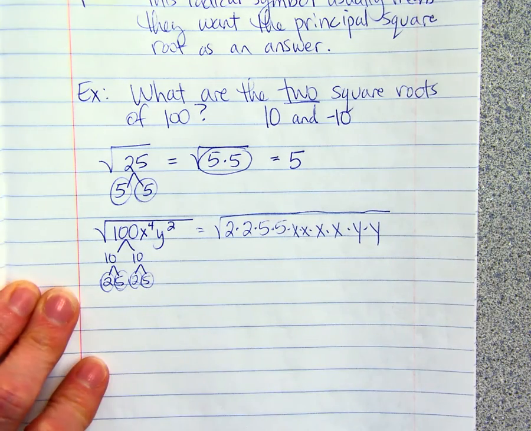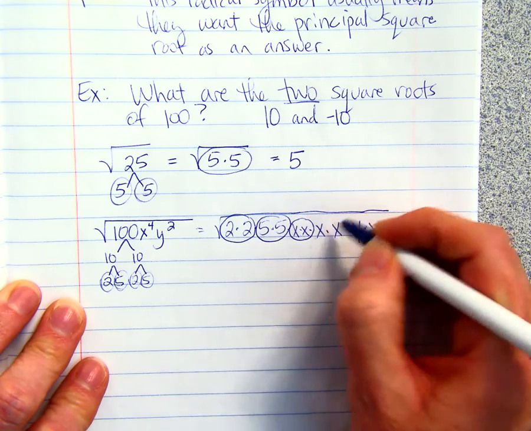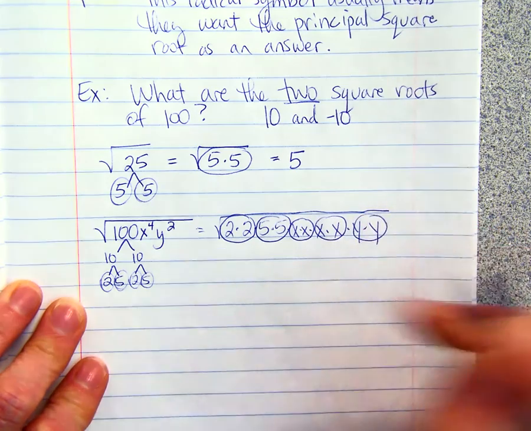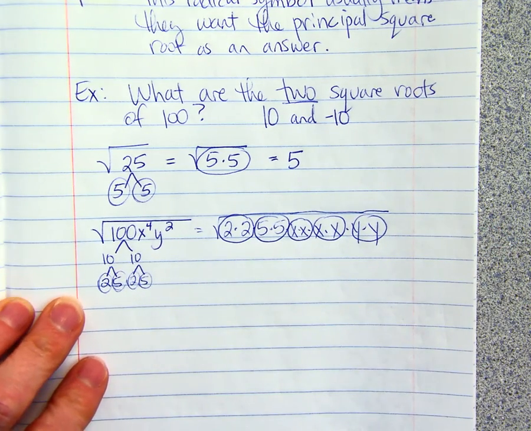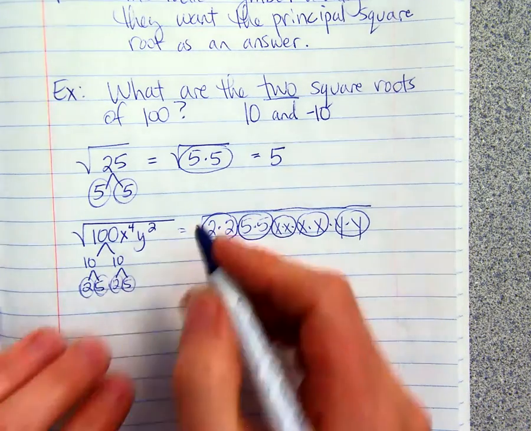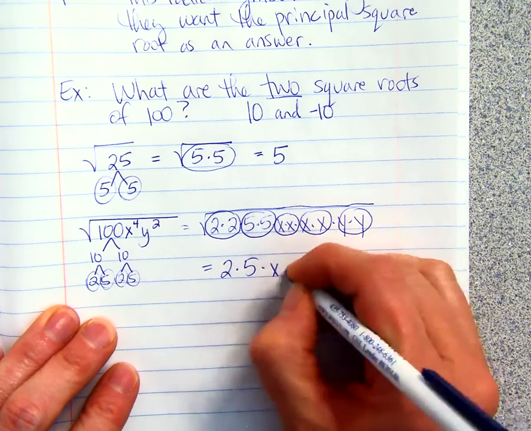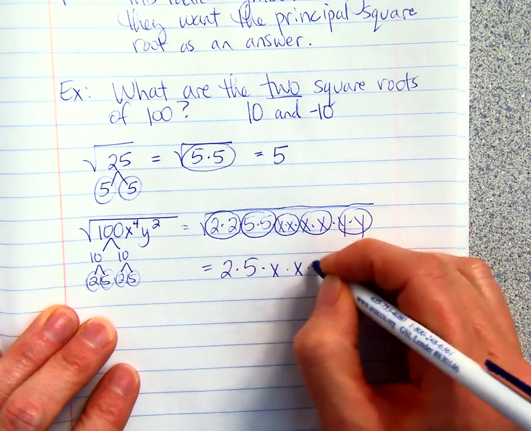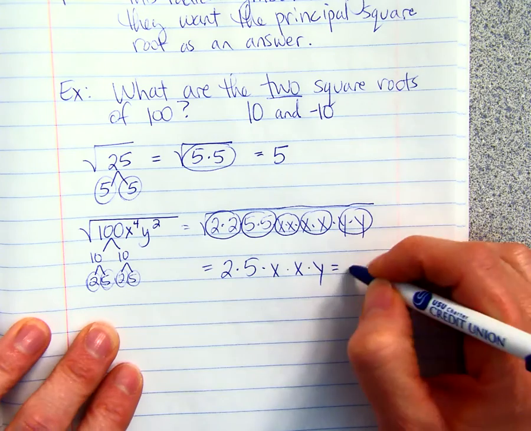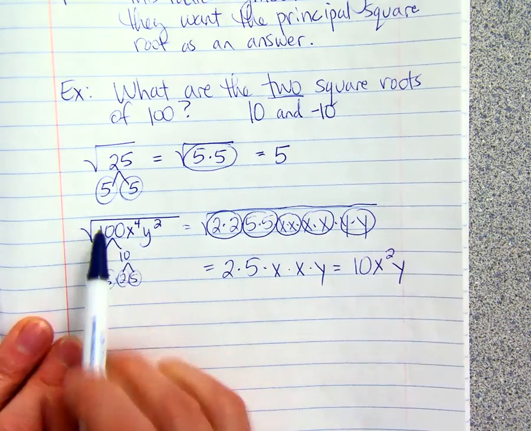Then we circle the matches. So we have 2 2's, 2 5's, 2 x's, another 2 x's, and 2 y's. We take one of each match; outside the square root is no longer there. So we have 2 times 5 times x times y. So 10 x squared y is the square root of this.